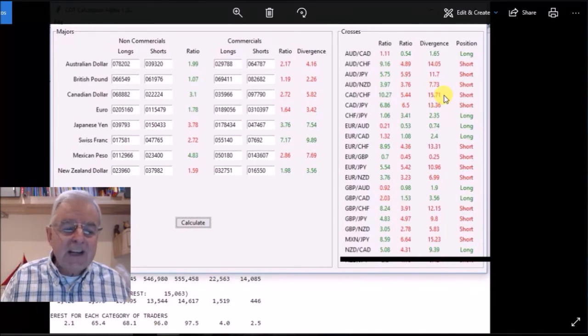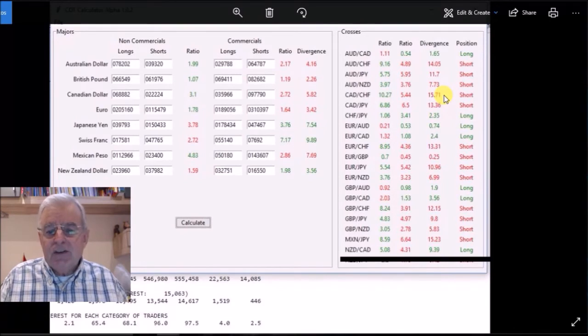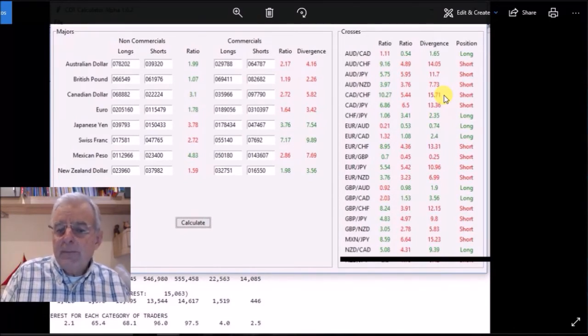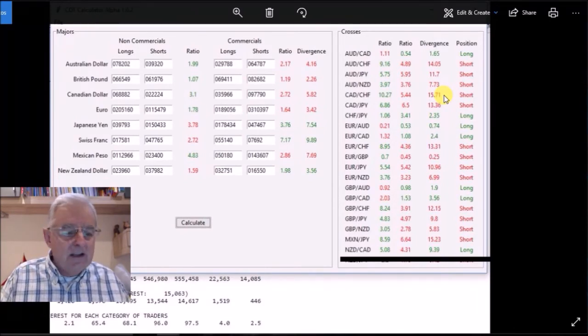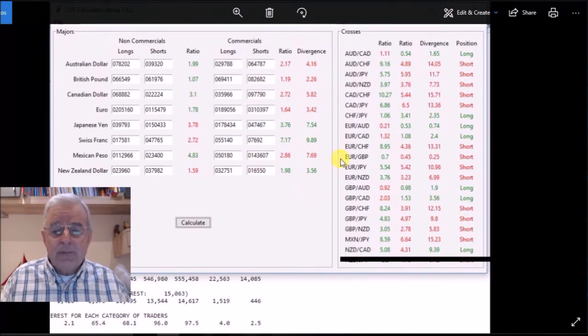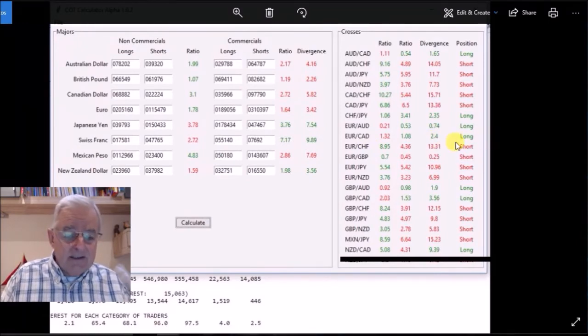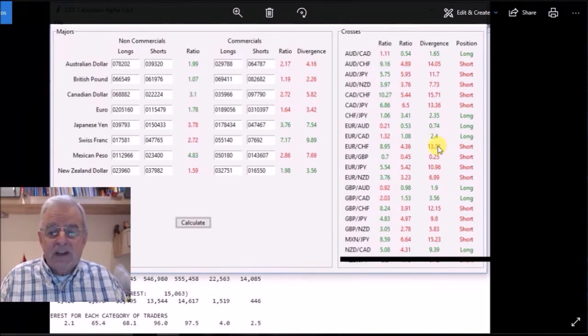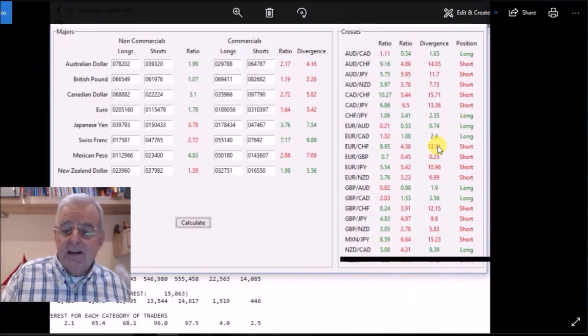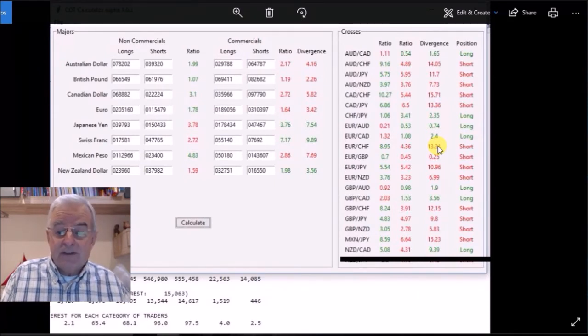So by looking at the pairs like this, you can get a much higher probability trade than you could if you were just using the straight currencies. And I do prefer the crosses. The last 3 months they have given much better opportunities, and this is what I've been using in my members centre the last, as I say, 3 months.